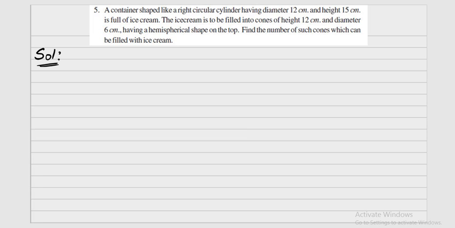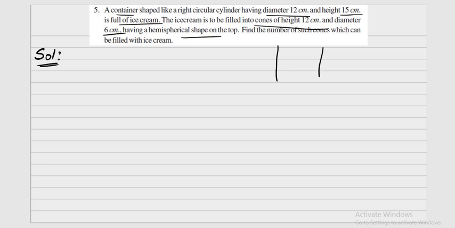Now going to question number 5. A container shaped like a right circular cylinder having diameter 12 centimeters and height 15 centimeters is full of ice cream. Similar types of questions we have done in the previous videos. The ice cream is to be filled into cones of height 12 centimeters and diameter 6 centimeters having a hemispherical shape on the top.